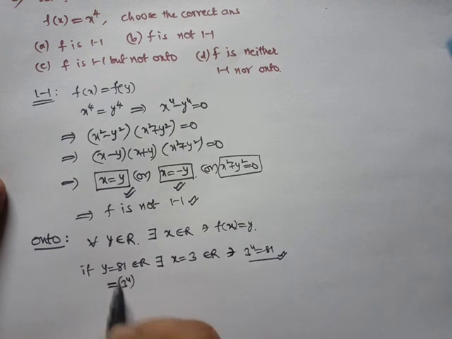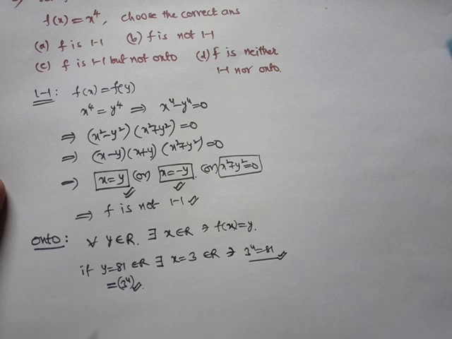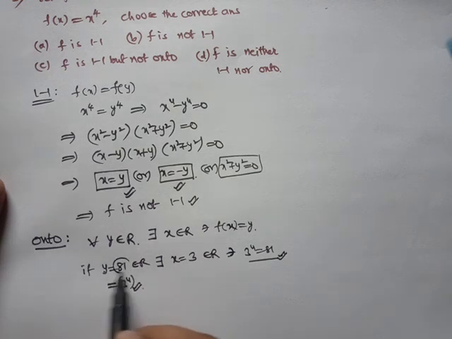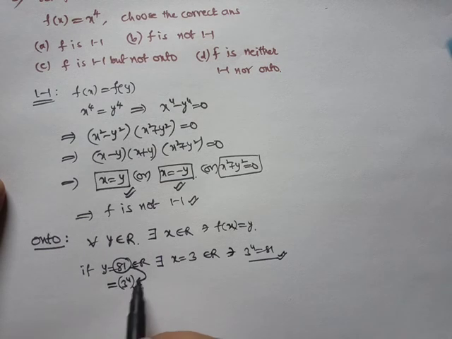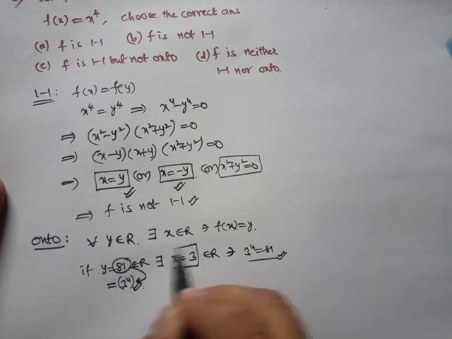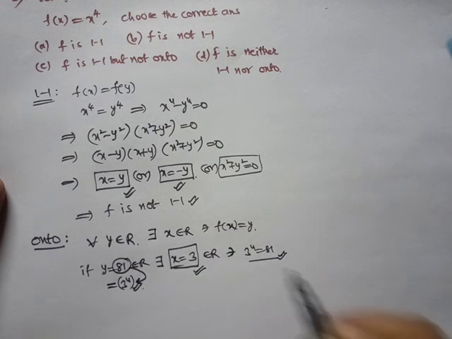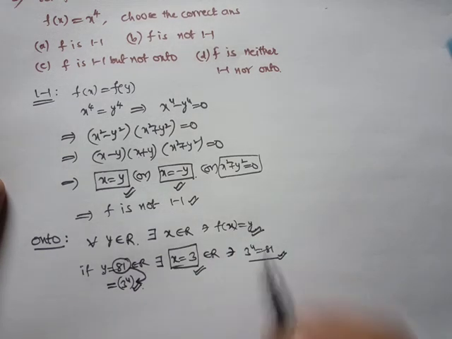81 is nothing but 3 power 4. What are the terms which are taken from the codomain? Those terms should have the power 4. Those terms should be written as a power of 4. Then only you will get the value of x such that f of x equals y.